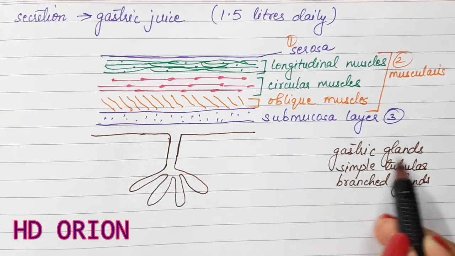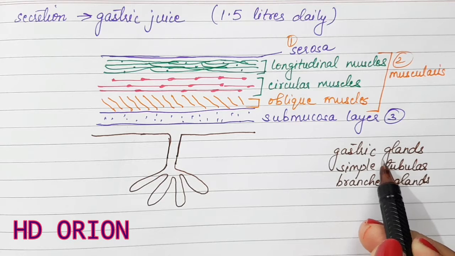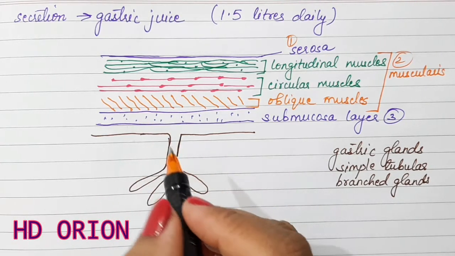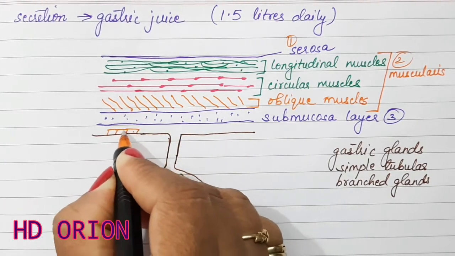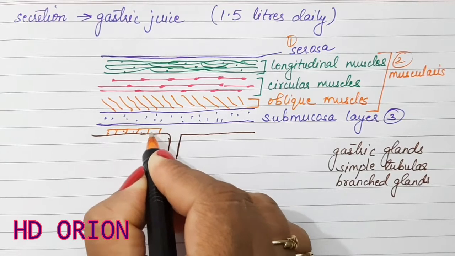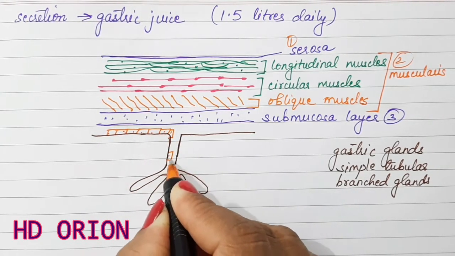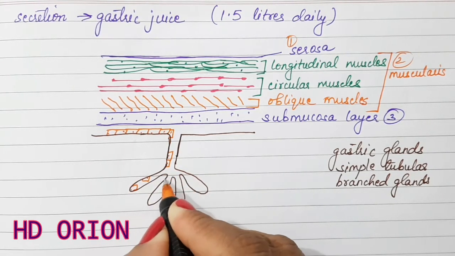Now this gastric gland consists of many types of small cells which secrete the gastric juice. So here are the cells that are present. The entire mucosa has maximum goblet cells.